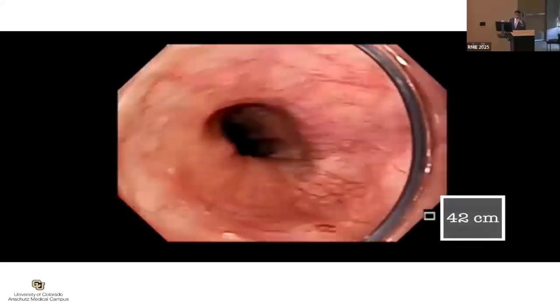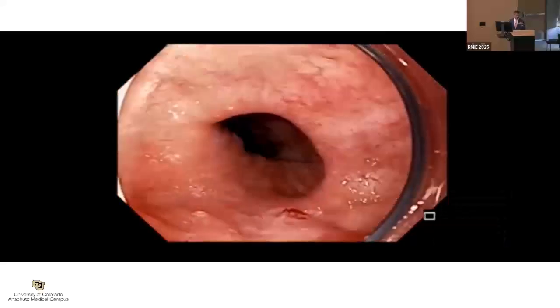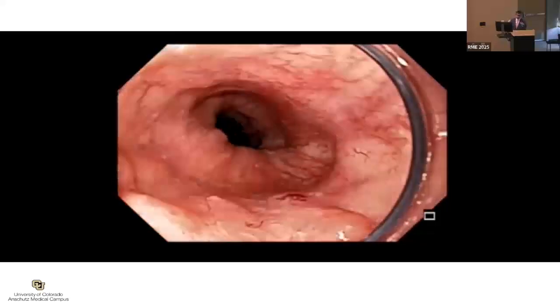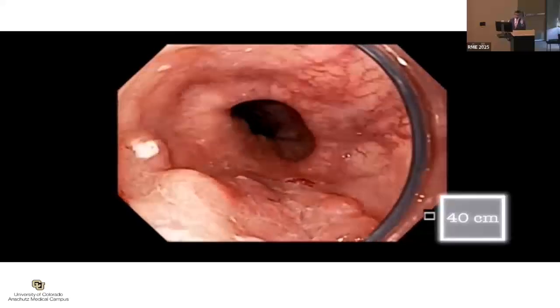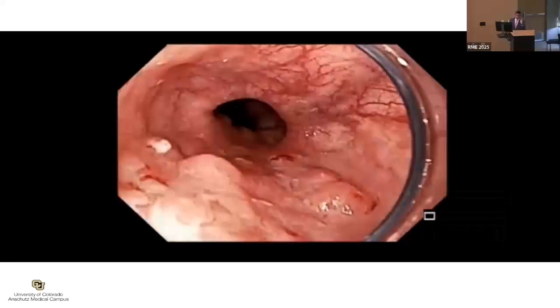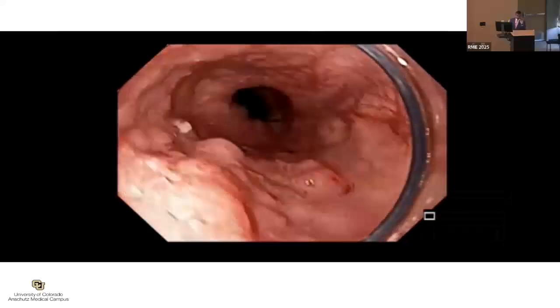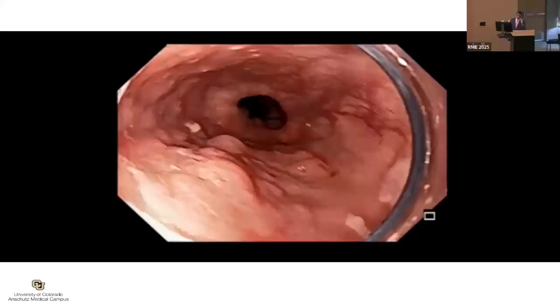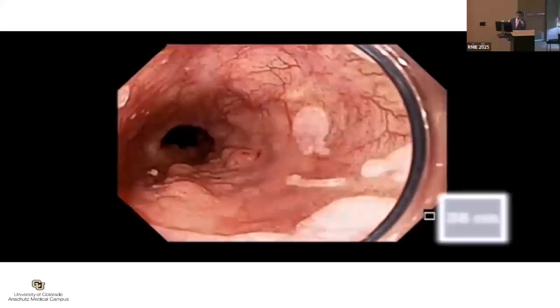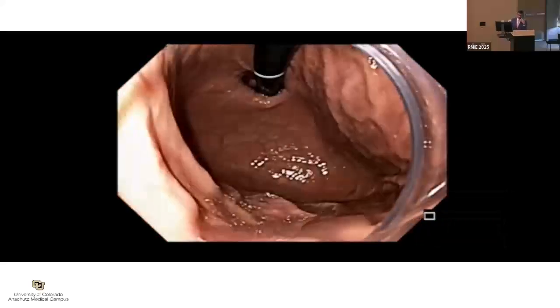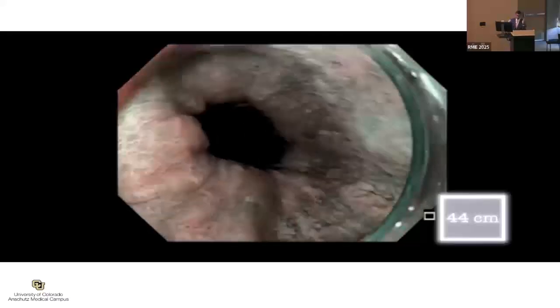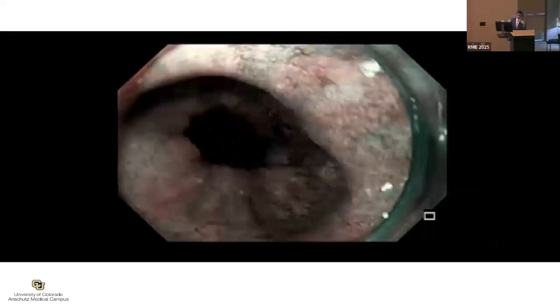We obviously want to use the best endoscope we have in our endoscopy lab. We will use a combination of high-definition white light endoscopy and narrowband imaging after we've cleaned the distal esophagus of all debris, after we've identified the landmarks at the lower part of the esophagus, and we do a careful pull-through.